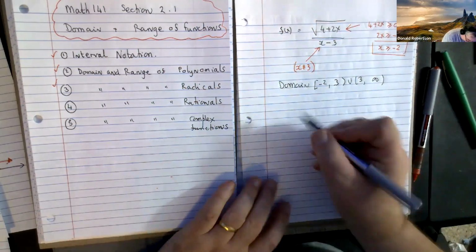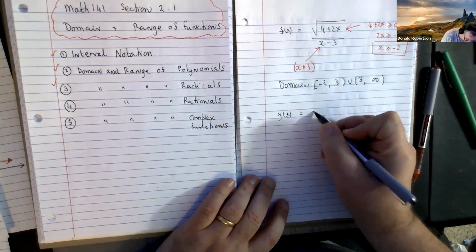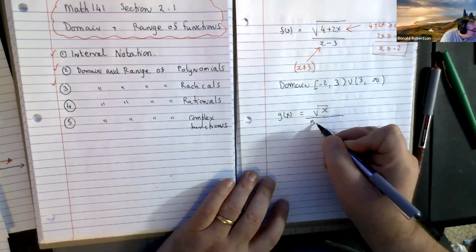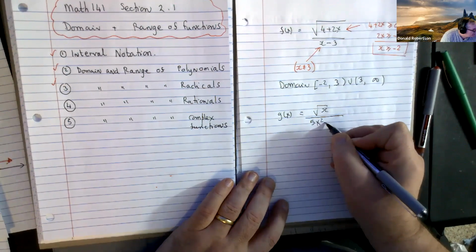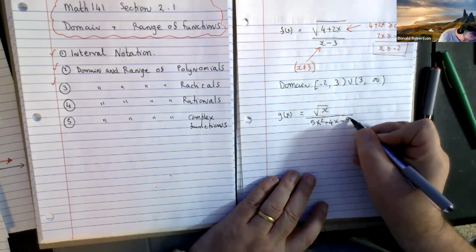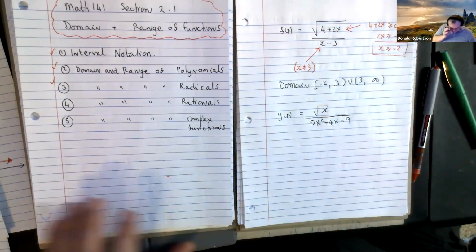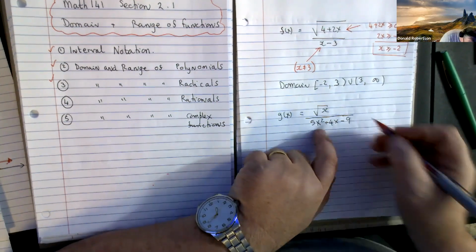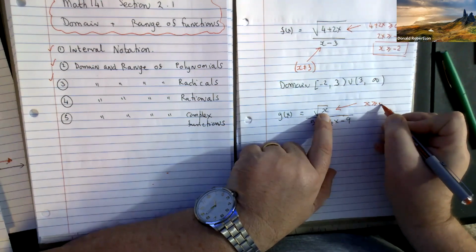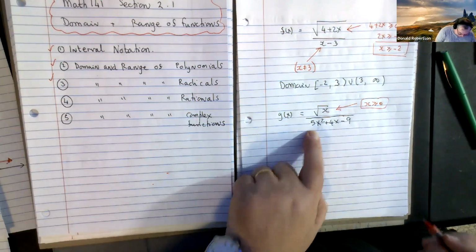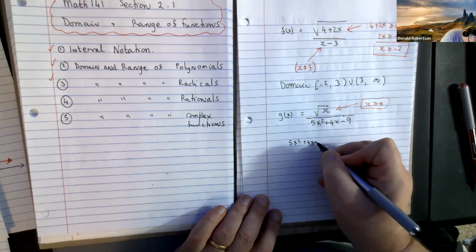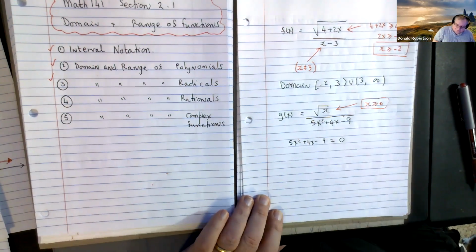Now, the next one has a square root of x on the top, and on the bottom, it has 5x squared plus 4x, I'm putting my numbers in here, minus 9. That'll work, right? And we've got this 2-thing going on. This one says, look, x must be greater than or equal to 0. It wasn't too hard to do that. And this one, well, we need to find out if this is ever equal to 0, right?